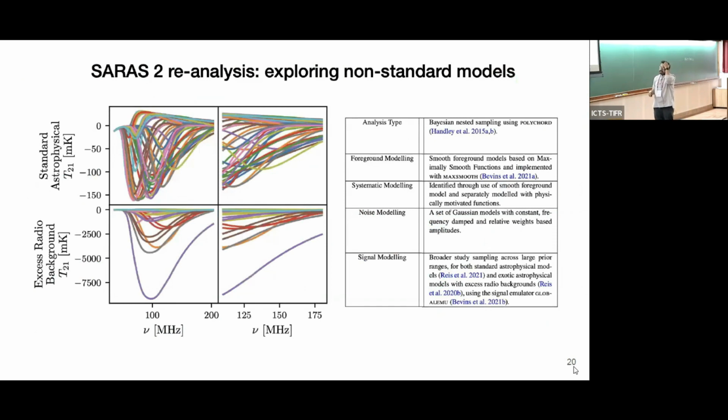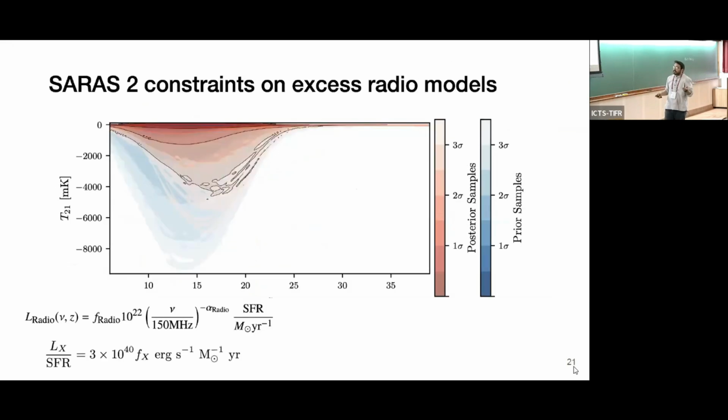This work has recently been extended to also include lots of models that contain excess radio, which really boosts the amplitude of the signal, as I said before. And based on this, we can actually constrain the properties of the X-ray and radio of the early universe. So this is the blue signal. The blue part is basically the posterior, which is the allowed parameter space when you also include excess radio scenarios in the early universe.